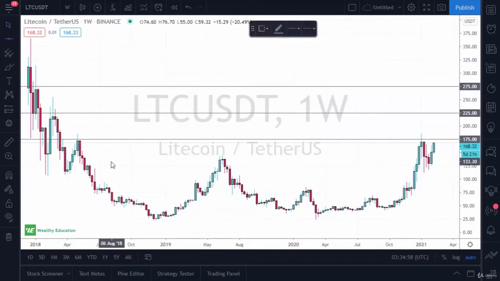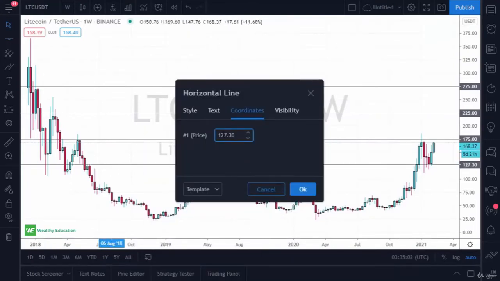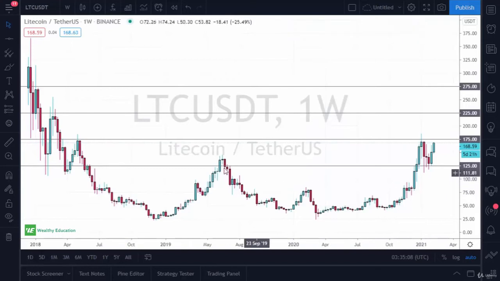And let's go a little lower. Say 125. Okay, so you can see that there seems to be some symmetry in the market. You'd like to see that because it gives you an idea of what other people are looking at.